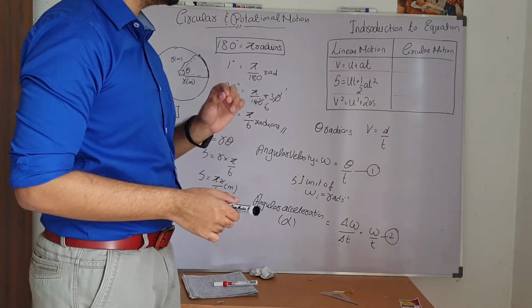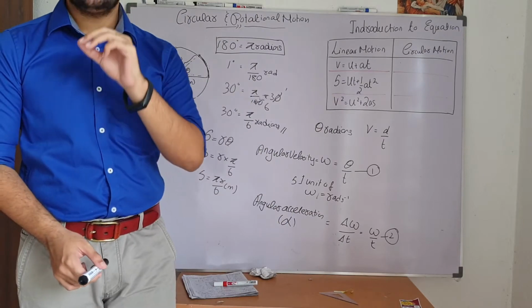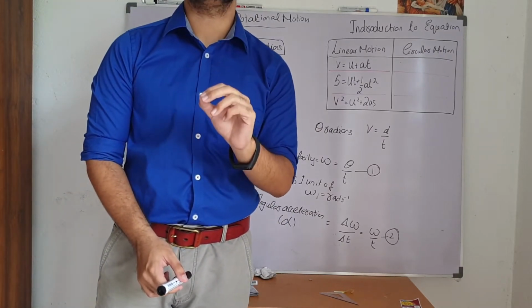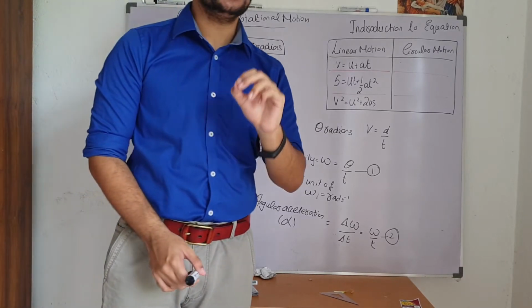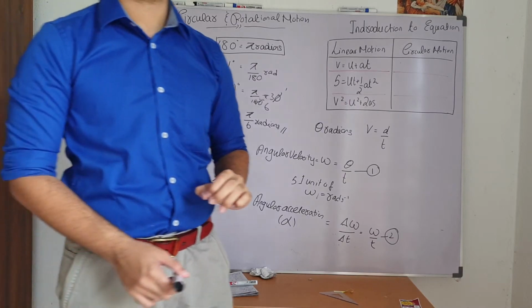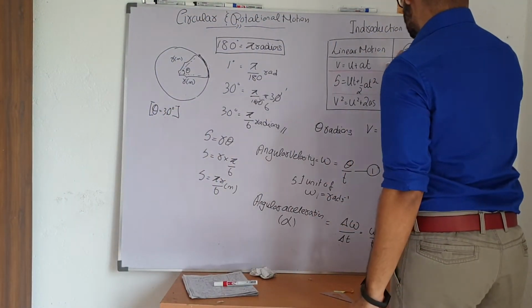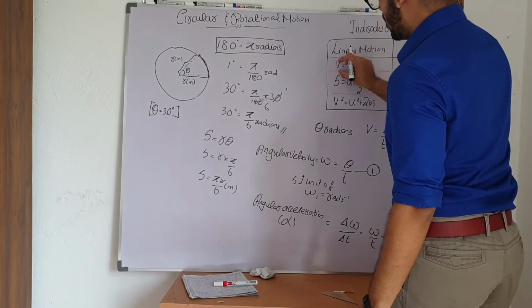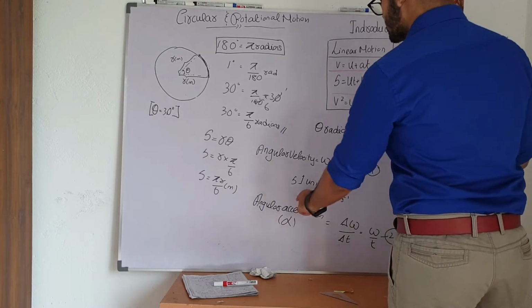Now you have to understand that we have three linear motion equations. But also in angular, rotational and circular motion, we have three equations of the same similar type. This is how I'm going to denote it. So this is the final angular velocity, represented by omega.